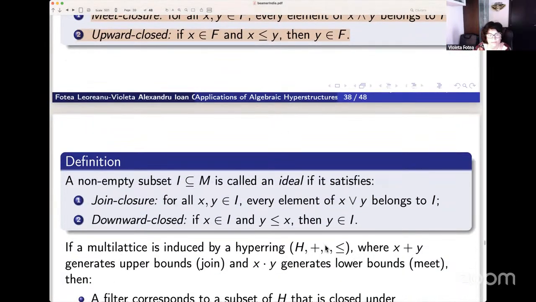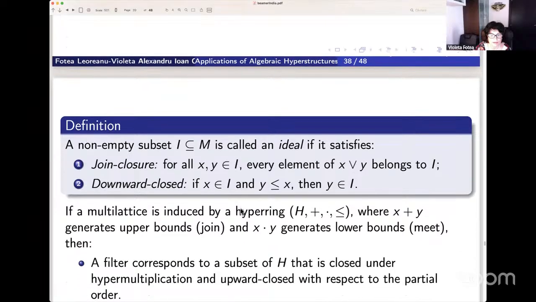And dually, we have the notion of an ideal for a multilattice.